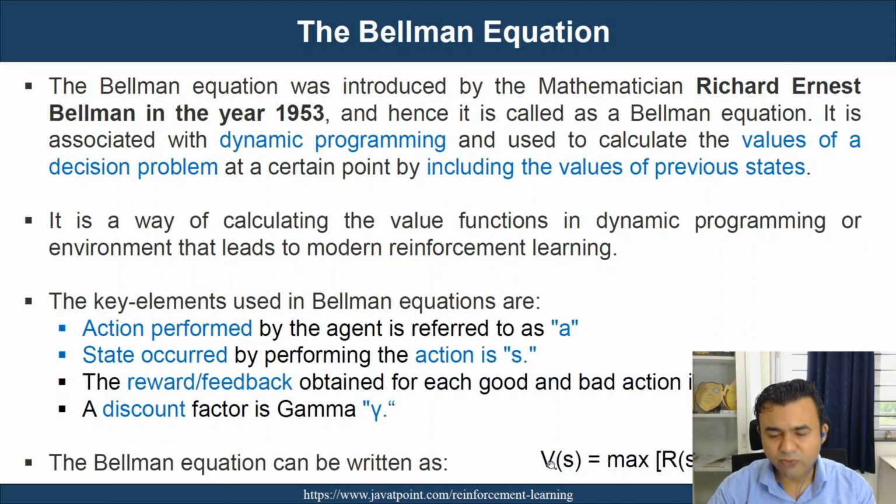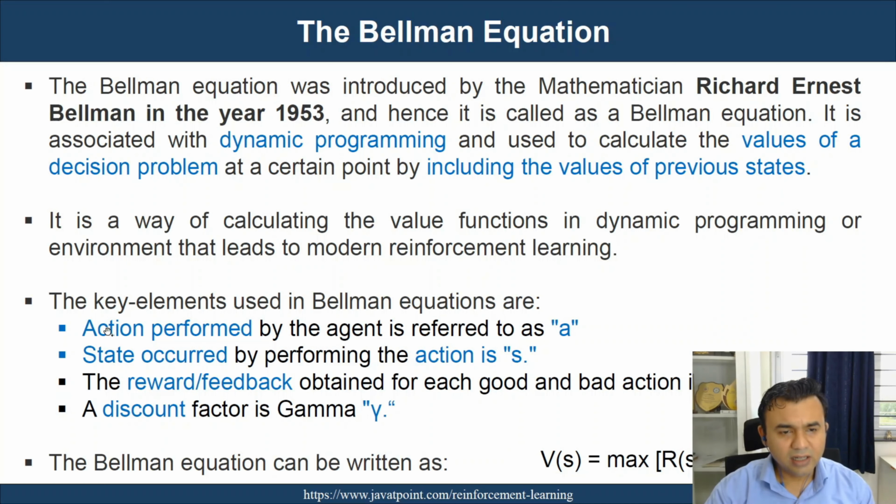Now, this is the formula which I have taken from Bellman's equation: V(s) equals max over actions of R(s,a) plus gamma, the discount factor, times V(s').